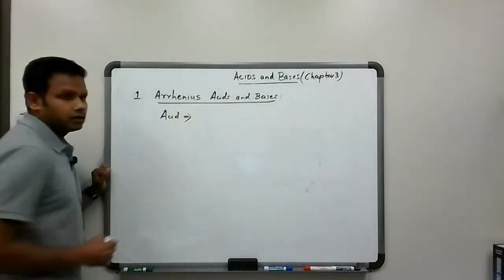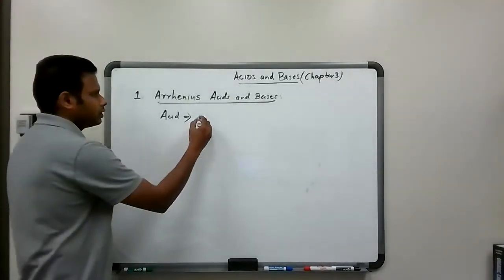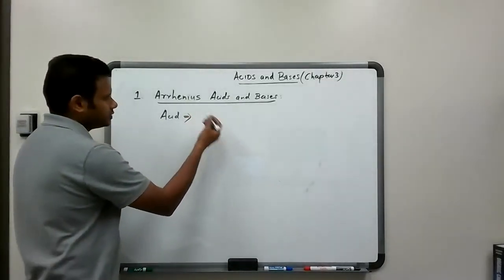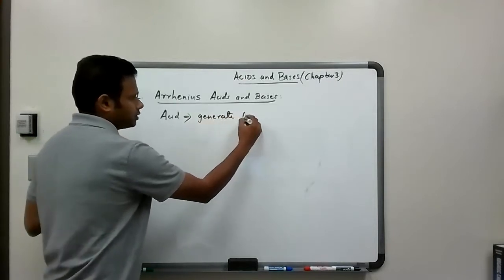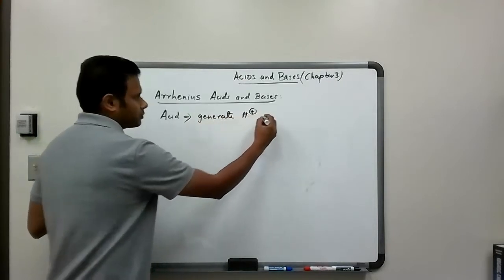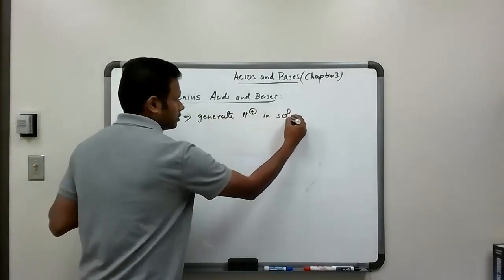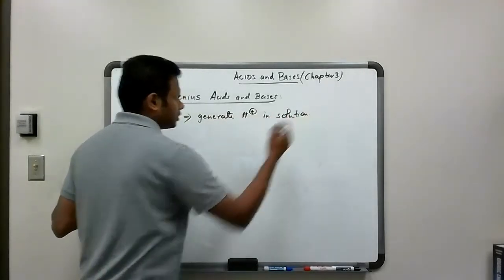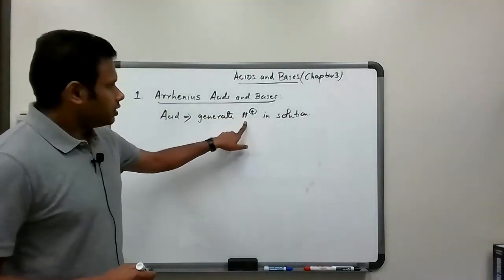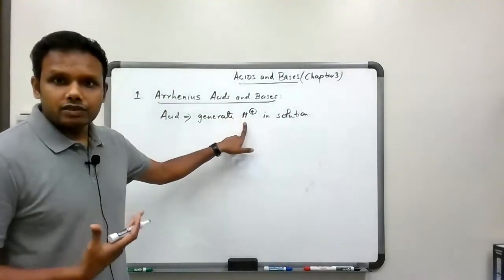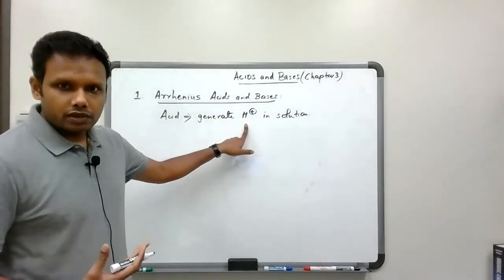The way Arrhenius defined acids and bases is: acids are proton donors, or they generate protons in solution. Now, key point here. This is H plus, that is what we are calling a proton here, okay?